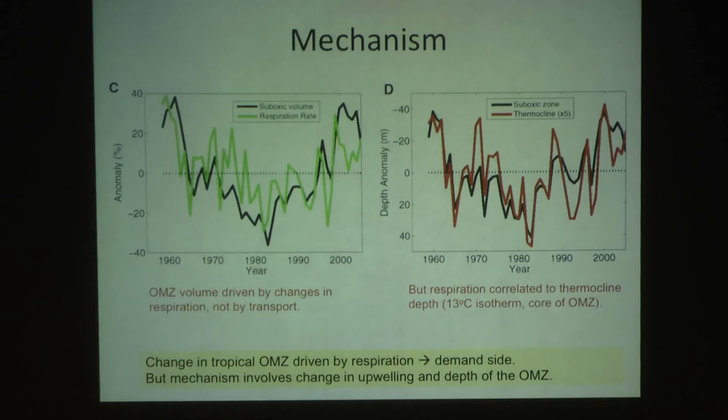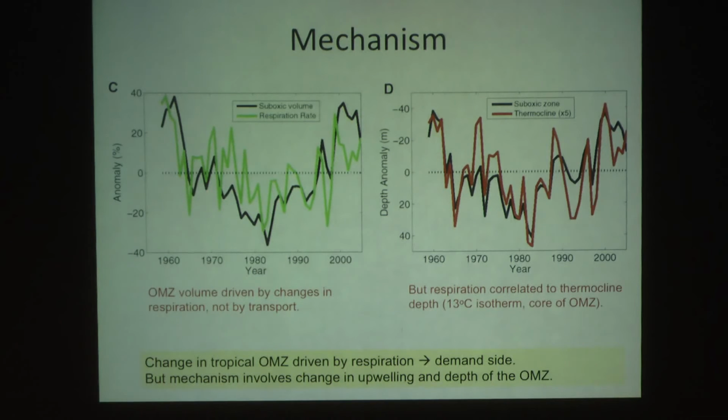And when the thermocline was shallow, we had strong respiration and a big anoxic zone. When the thermocline deepened, we got weak respiration and a shrinking anoxic zone, followed by the reverse pattern back to the earliest kinds of levels.